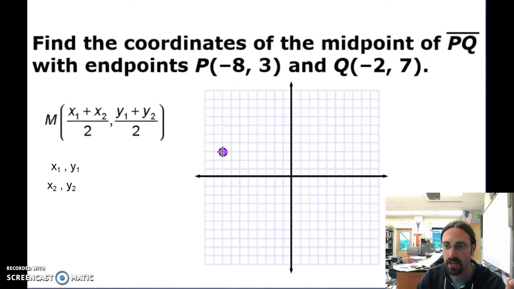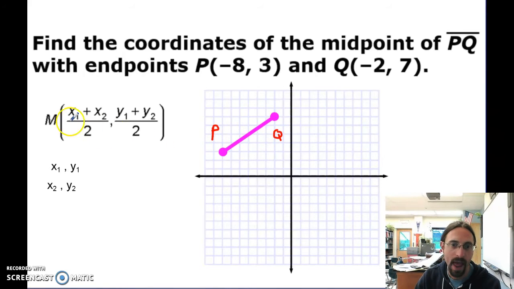So I'm going from (-8, 3) to (-2, 7). So there's negative 2, 3, 4, 5, 6, 7. So I should be going right there. So here's my segment, PQ. Here's P, here's Q. So I need to find the middle of that.